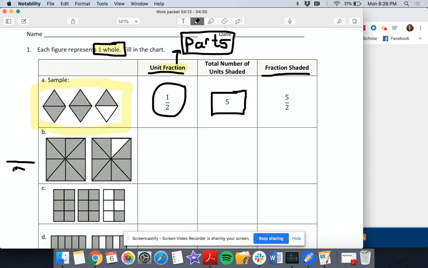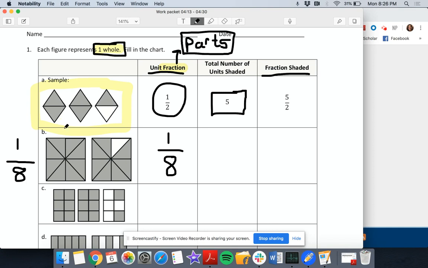So my denominator is 8. My total number of triangles in one whole or one figure is 8. And each triangle represents just one part of the whole. So my unit fraction would be 1/8. Okay.